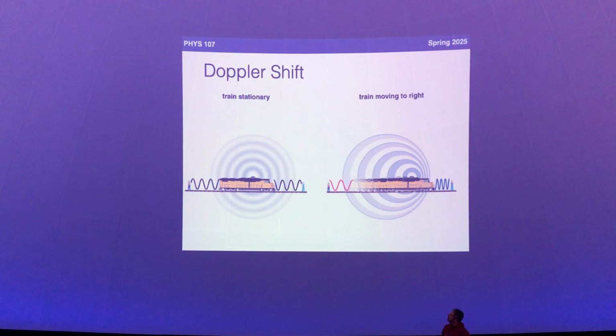If it's stationary, I hear the same pitch whether I'm sitting at the back or the front. But if it's moving towards me, I scrunch the wavelength so they become bluer. And if I look at a horn moving away from me, the wavelength becomes longer, so I hear a lower pitch.